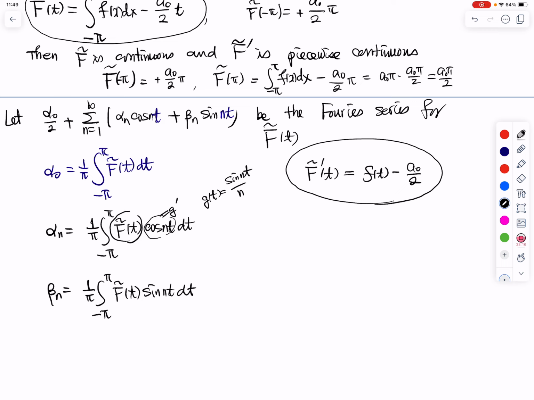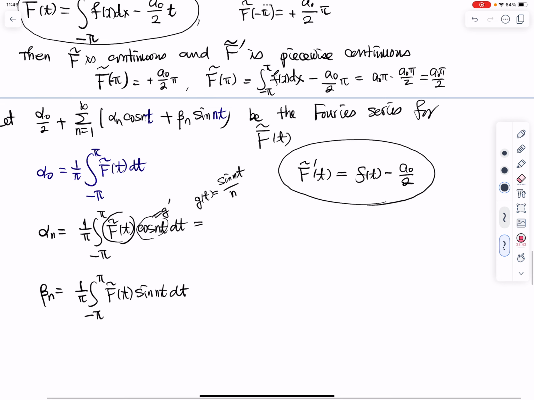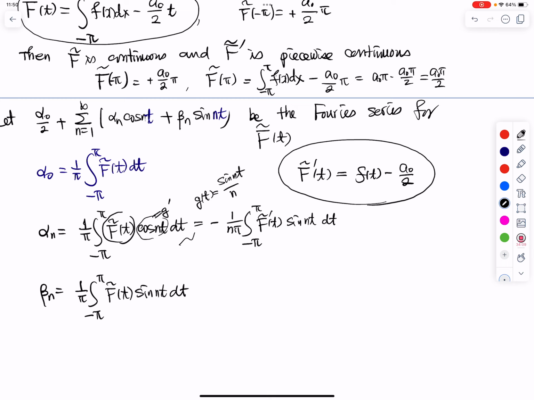Using integration by parts, alpha n becomes 1 over n pi integral from minus pi to pi of f tilde prime of t sine nt dt.